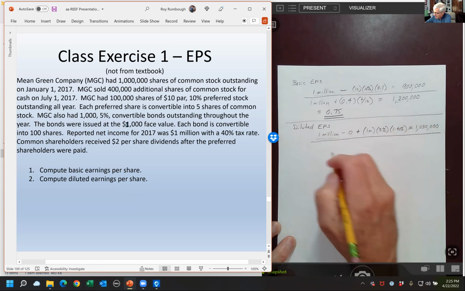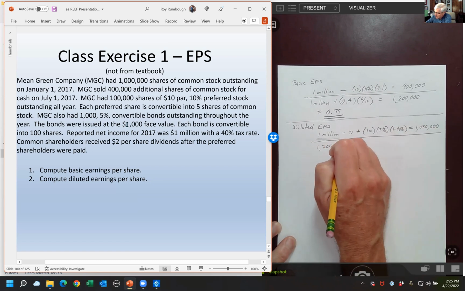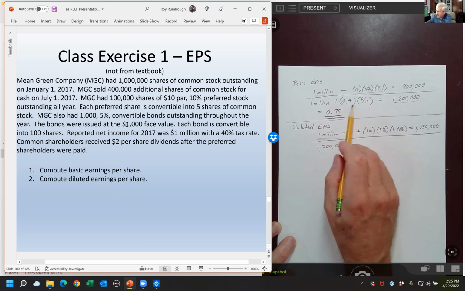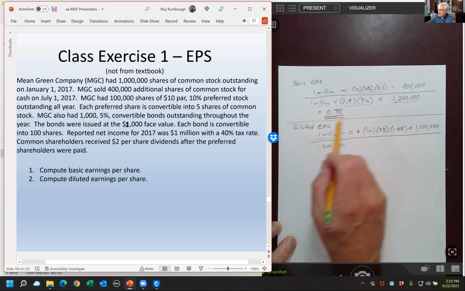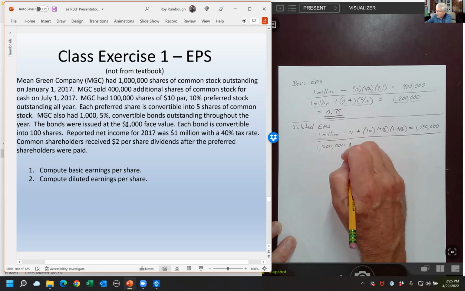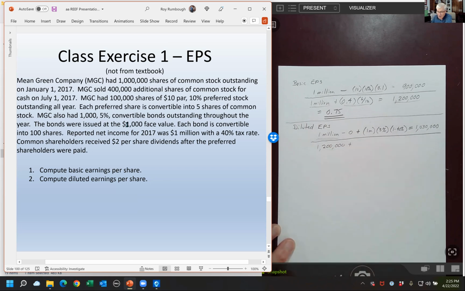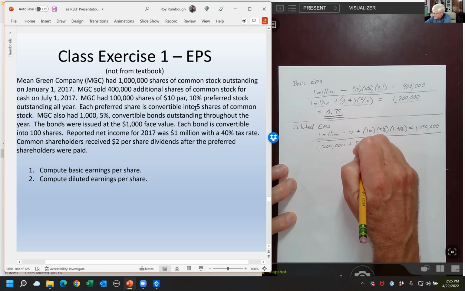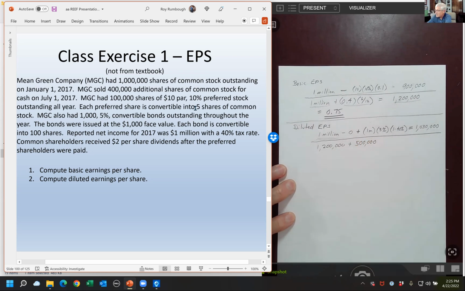We started with 1,200,000 in basic, because none of that changes in diluted. We still issued those shares. But now we're going to convert stock. Each share of preferred stock is convertible into 5 shares. We had 100,000 preferred shares, each hypothetically converted into 5 shares, so now we have 500,000 shares of common stock.